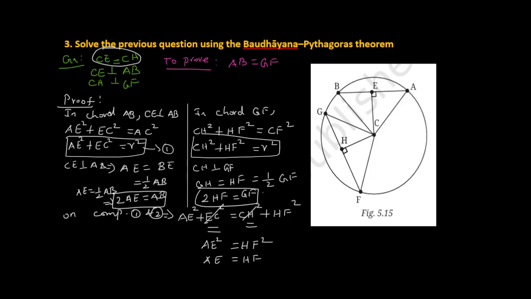If we multiply both sides by 2, 2AE is equal to 2HF. Replacing, twice AE is AB and twice HF is GF. So the chords are equal. Without using the congruency concept, using the Pythagoras concept, we proved this. Thank you.